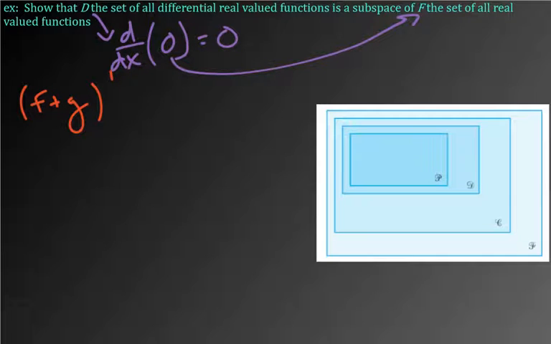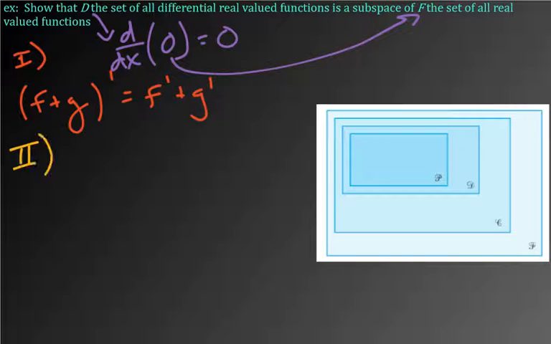And we know by properties of the derivative that if we take the derivative of the quantity f plus g, it's the same thing as f prime plus g prime. That is really all you have to say for the first property: the derivative is working as a linear operator, and you can just apply it to both. And that's part of why it's also a vector space and things like that.